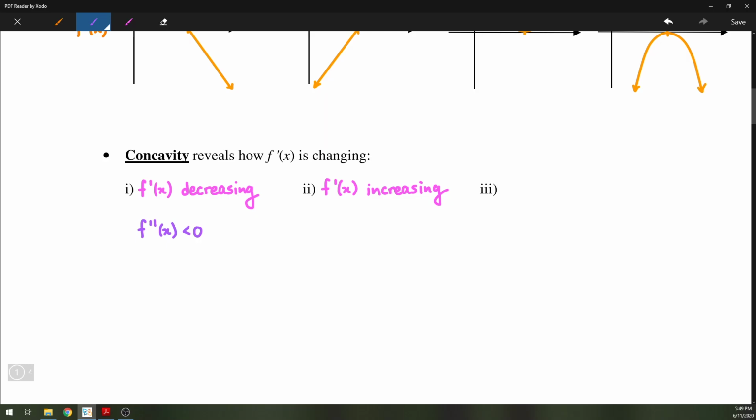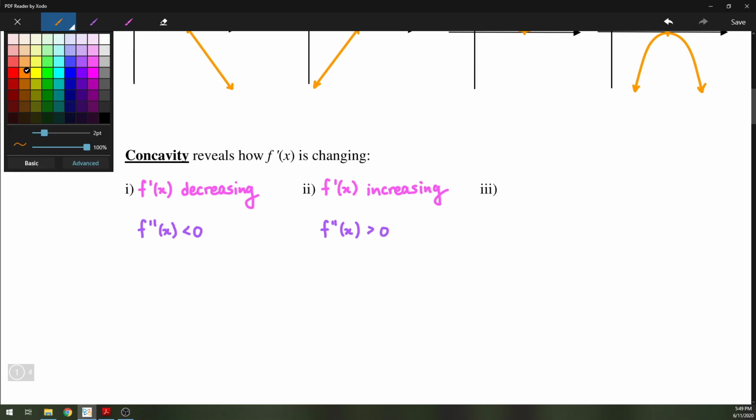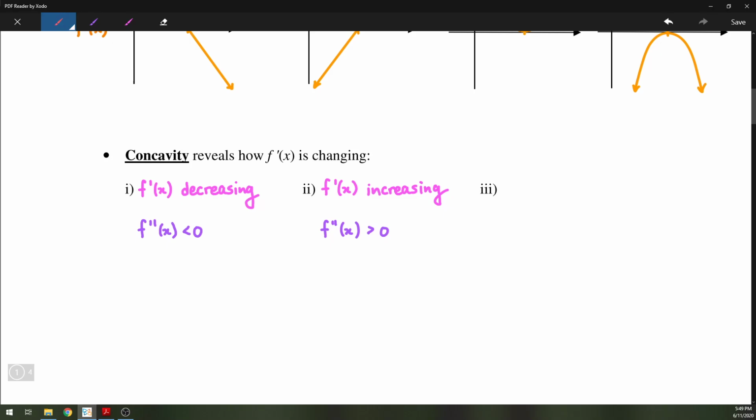In the second case, it is positive. And going back to the original graph, we'll notice that f of x concaves down in the first case, and f of x concaves up in the second case.